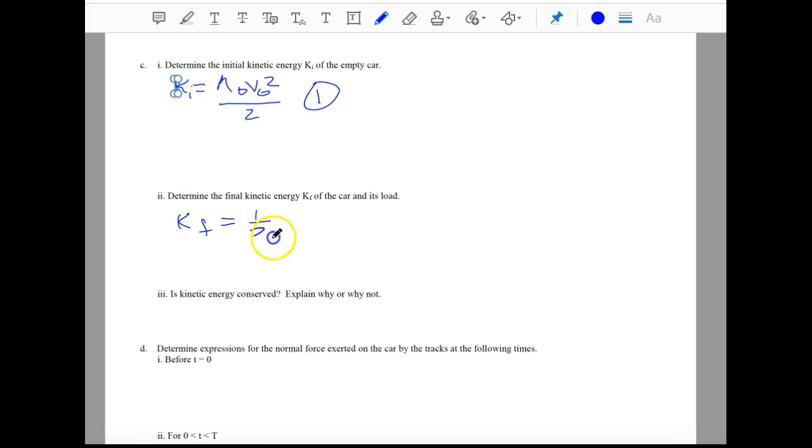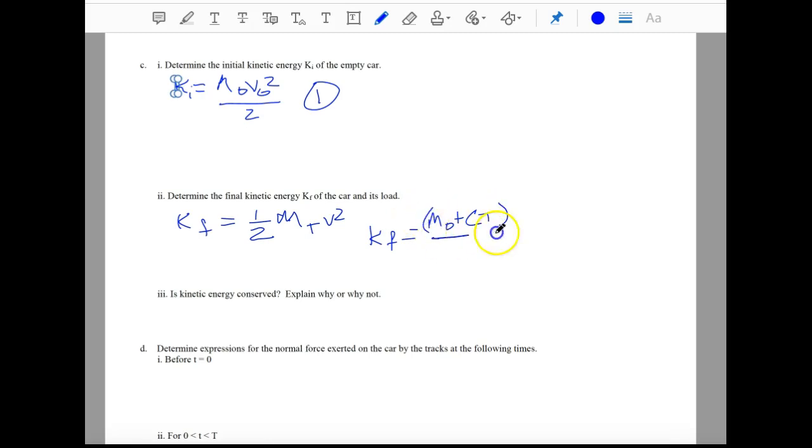So this is equal to 1/2 of the total mass times velocity squared. And we have to remember what we were using earlier, and we said that Kf is equal to, so now we're going to use that original mass plus the modified mass.